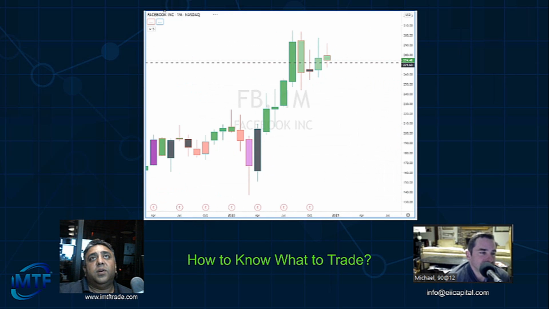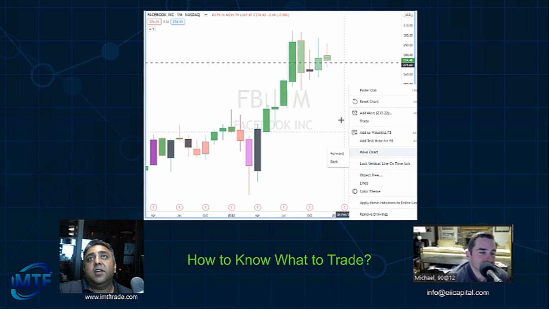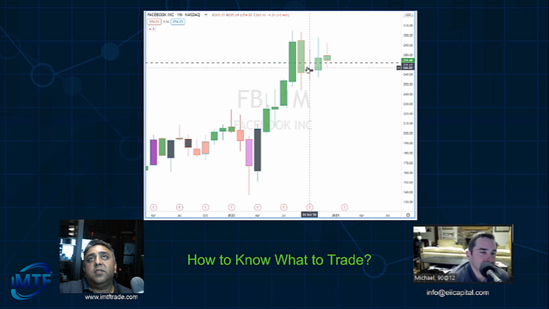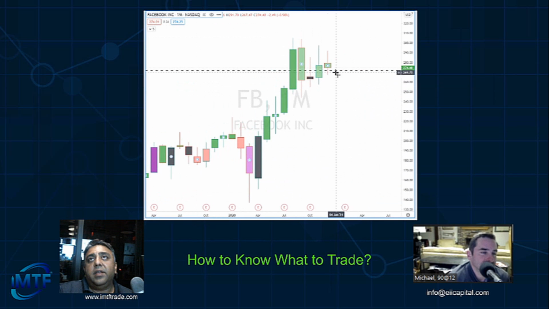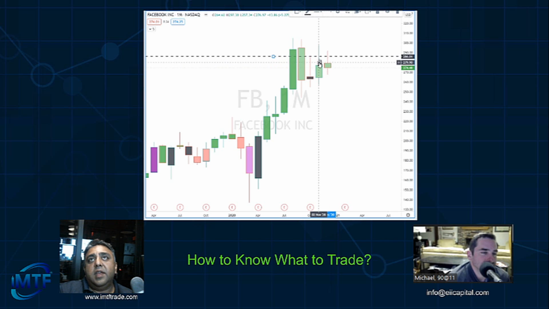Let's look at Facebook, the ugly one here. Now, this is a little interesting because you could see there's a TNT here, and right there you entered, and then it came back down here. And if you're trailing with the previous bar low, you're still in this trade right now.